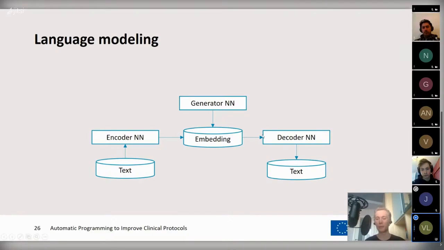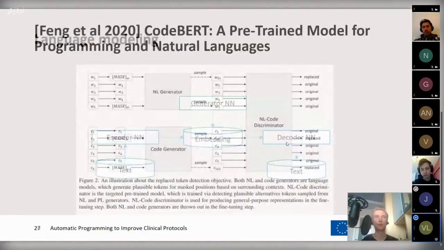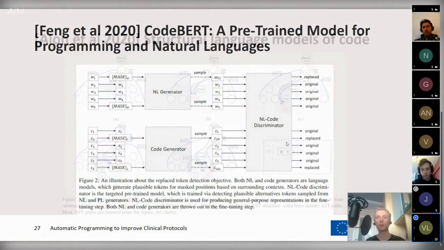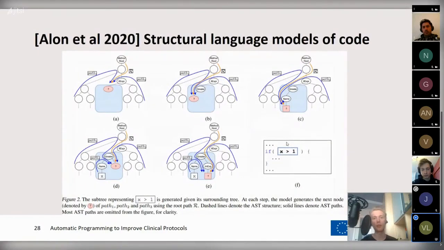Then if the autoencoder is trained well enough, any random vector passed through the decoder should theoretically output a valid program. And if this is the case, then you can generate programs in this latent space and be sure that whatever goes through the decoder is a valid program. So this is also current work. There's CodeBERT that trains a language model, and we are currently training an autoencoder system.